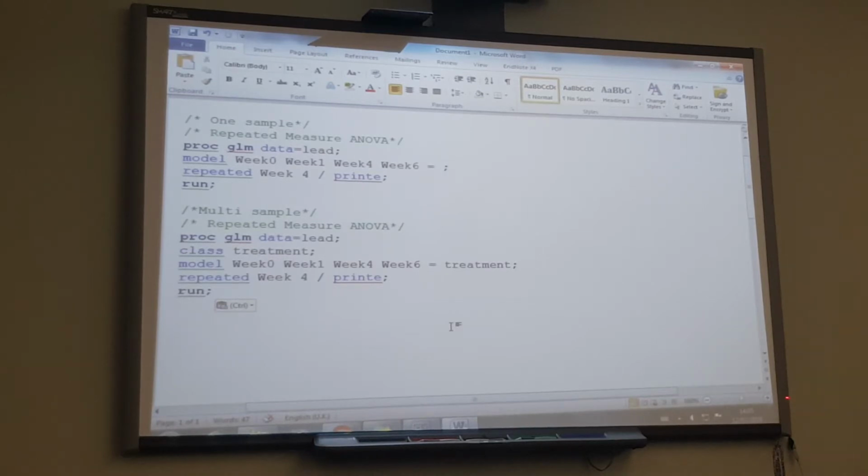Same tables, for example. This is the point: interaction. Doctor, yes, it gives me an error. A model statement must be given.